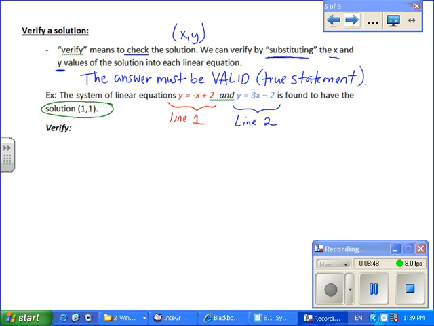I'm going to verify by plugging this point (1, 1) into the equation for line 1 and making sure that I get a true statement. Then I'm going to plug it into line 2 and make sure that we get a valid, or true, statement.